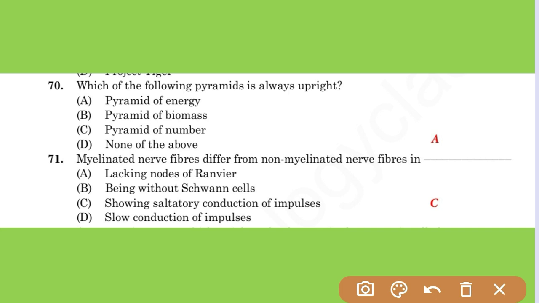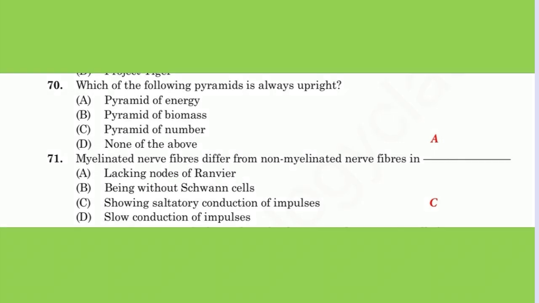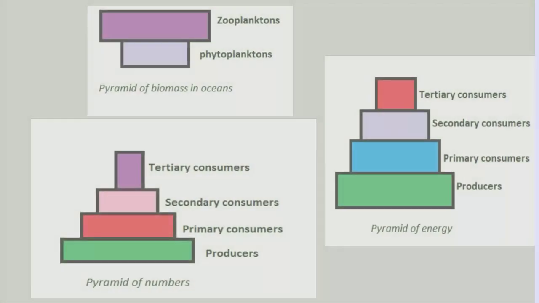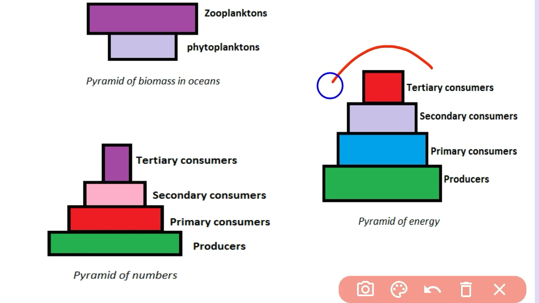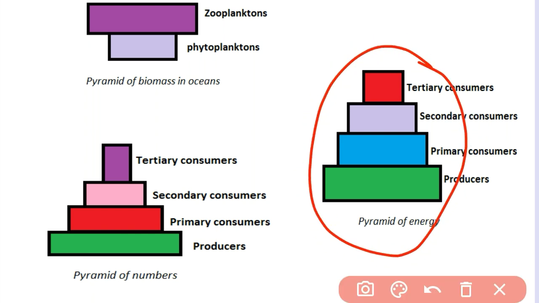Pyramid of energy is always upright and can never be inverted, because when energy flows from one trophic level to the next, some energy is always lost as heat at each step. Here in this image, three pyramids are shown: pyramid of energy, pyramid of biomass in an ocean, and pyramid of number. The pyramid of energy is always upright.